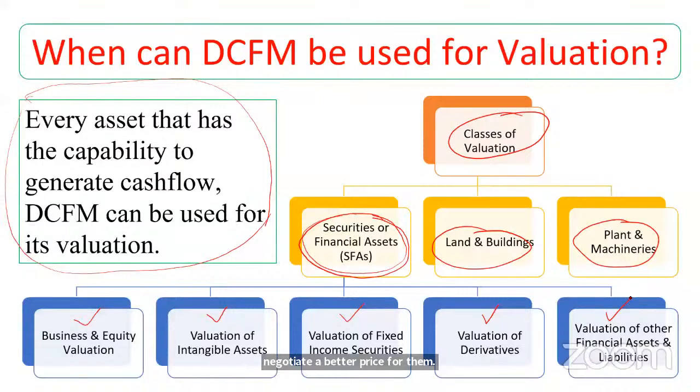Okay, sir. So the next question is, how to select beta when there are no comparable listed companies? Very good. So the question is how to calculate beta for a company when that company is not listed. One thing is very clear, that beta will be available for any company only when it is listed.